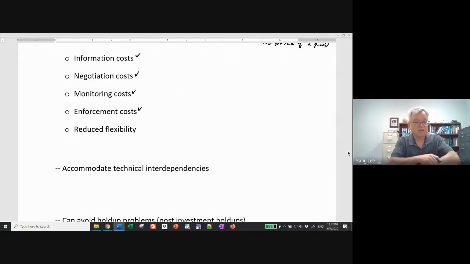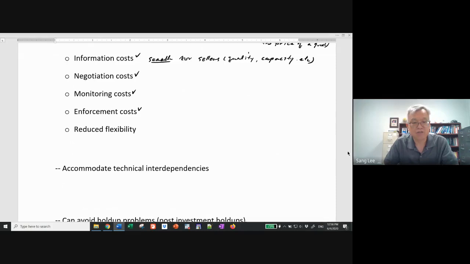Okay, so let me briefly write this down. So information cost is what? Basically, you have to search for the sellers. So quality or their capacity, production capacity, and etc. Negotiation cost is what?